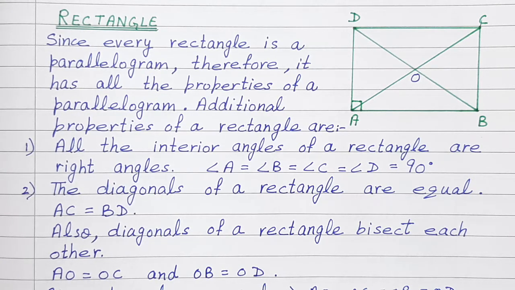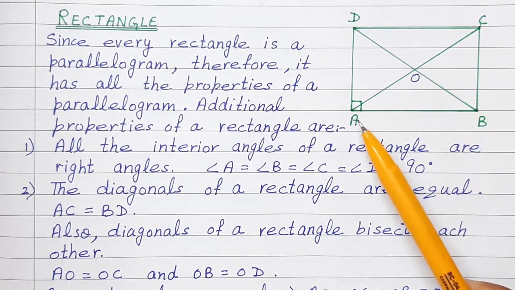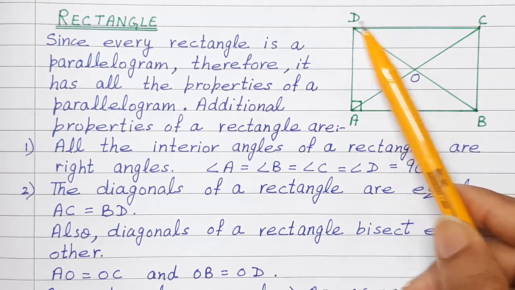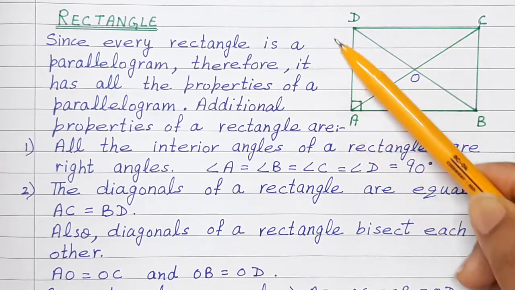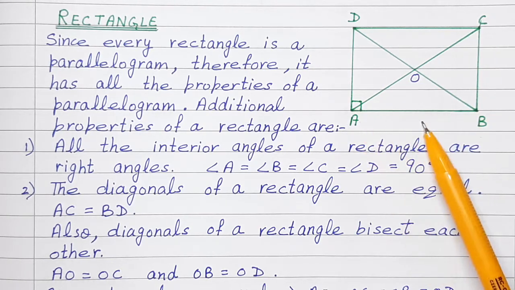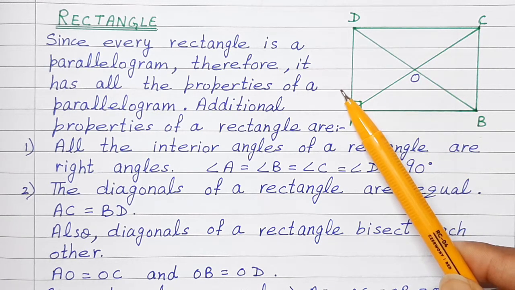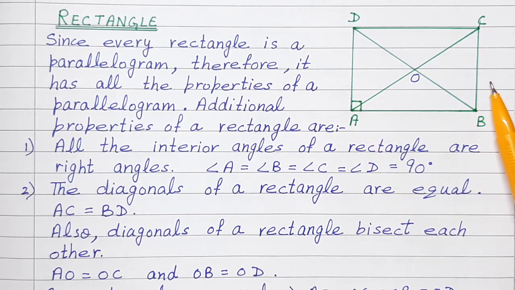Children, apart from this, a rectangle follows all the properties of a parallelogram. Let us revise that. That is, AB is equal to CD, AD is equal to BC, and AB is parallel to CD as well as AD is parallel to BC.